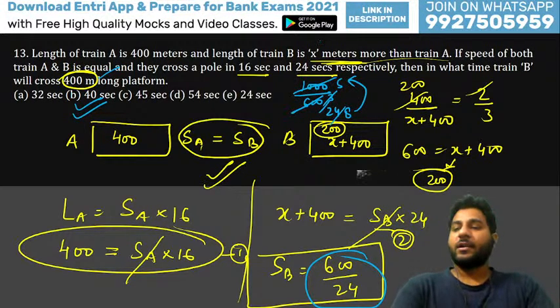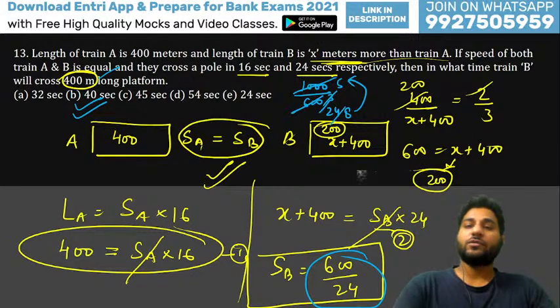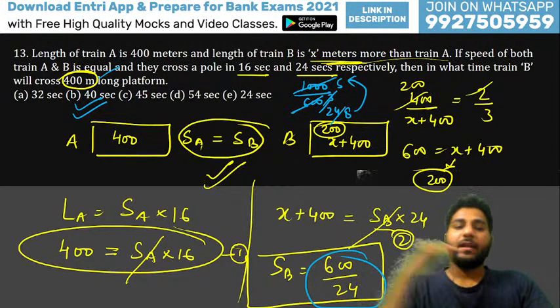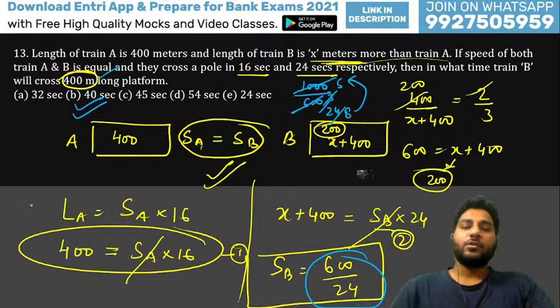Train B, you don't need to find the speed of train B because all you have to solve is the combined numbers. I hope you all are getting it. 40 seconds. Look, you don't need to write this all the time. All you have to do, just go with equation first and second, and after that you will solve.